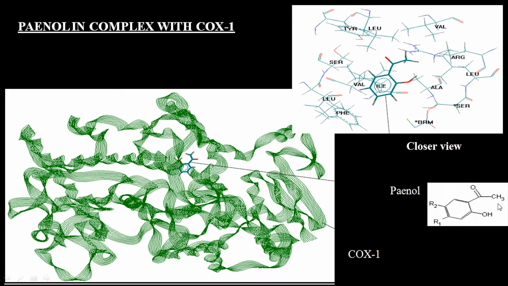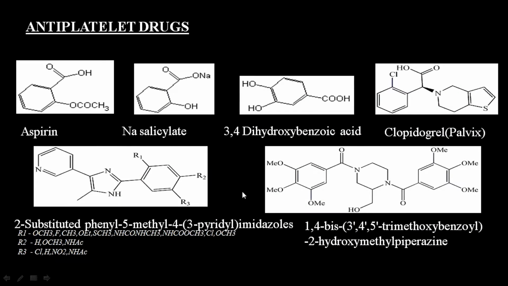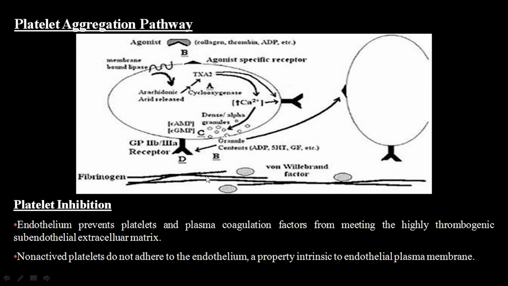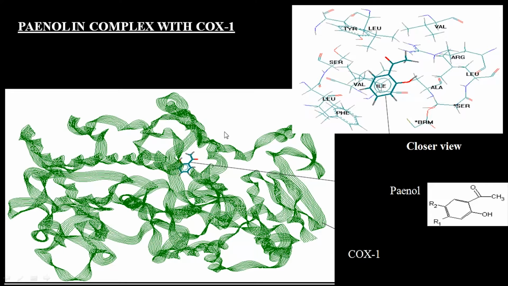We can look at the antiplatelet activity of these, and COX-1 is the enzyme known to be involved in platelet aggregation. As you can see in the pathway here, here comes the cyclooxygenase. So COX-1 we need to inhibit.